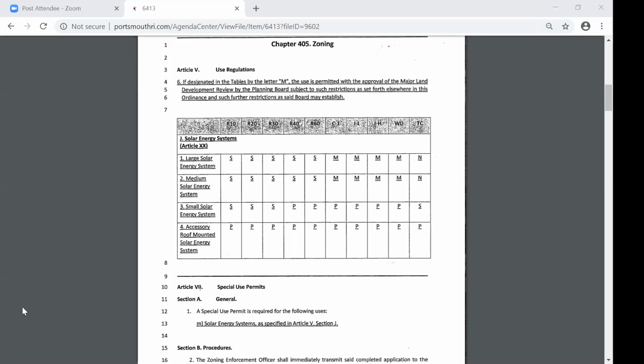Not only do they have to get a building permit because it's a structure, the same way you do on a roof, but by state law they have to comply with the building code that was changed for all solar. So they have a special electrical building code. We're not allowed to do that as towns. We're not allowed to make it more stringent than the building code. We are not allowed to pass zoning that increases that.